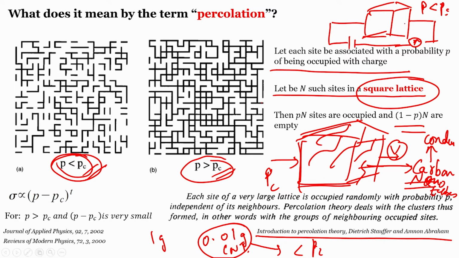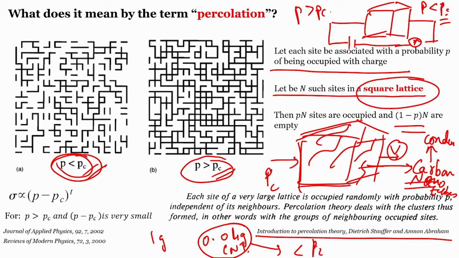Whereas if I increase, let's say this is just an example, these are not real values, let's say I increase to 0.04, so I increase it by 4 times, and let's suppose we know that for 4 times this value will cross Pc, so we have a condition of P greater than Pc.